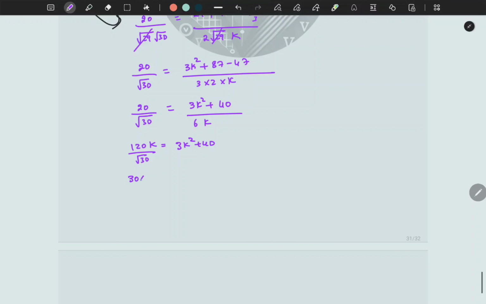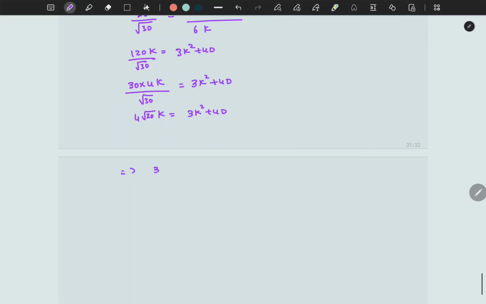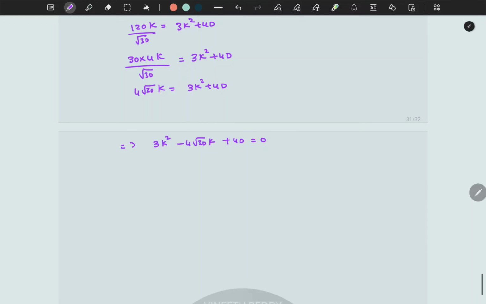The numerator can be written as 30 into 4K by root 30, so we get 4 root 30 K is equal to 3K square plus 40. That means 3K square minus 4 root 30 K plus 40 is equal to 0.